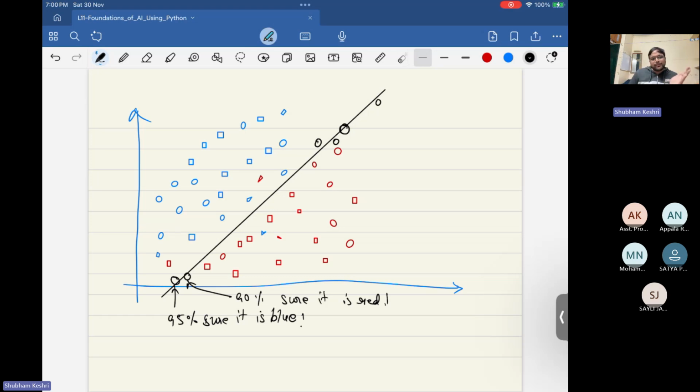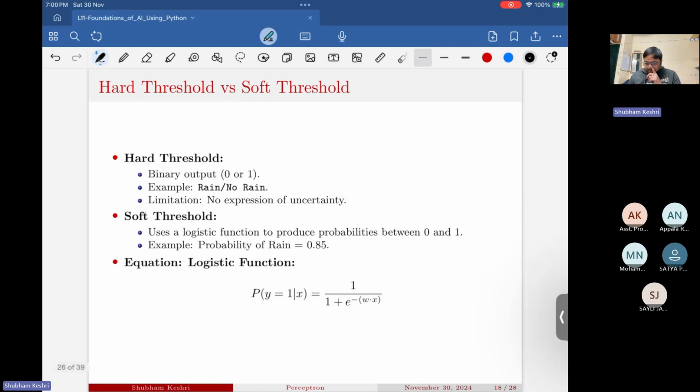Instead of just saying blue or red, it's better to say with some probability, with 60% assurance, I can say that it is red. It will be better. Our model will be better. That is what is being tackled by the soft threshold.